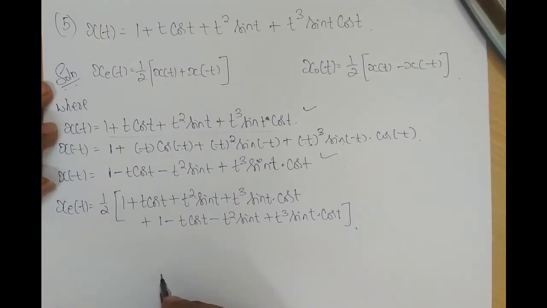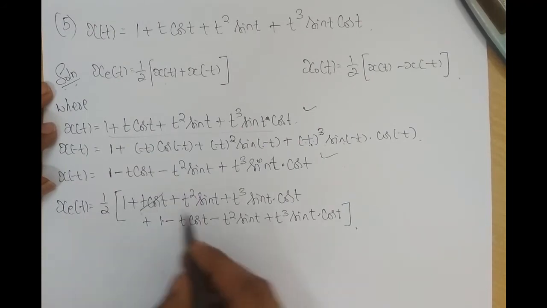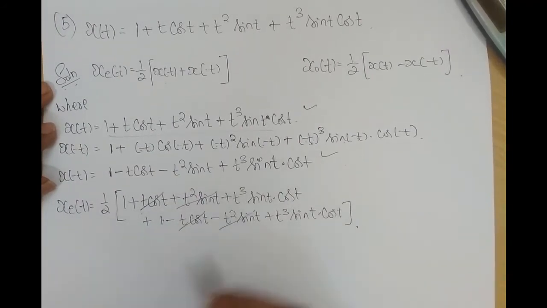So the terms will cancel out. 1 plus 1 it retains as it is, plus t cos t minus t cos t, plus t square sin t minus t square sin t.